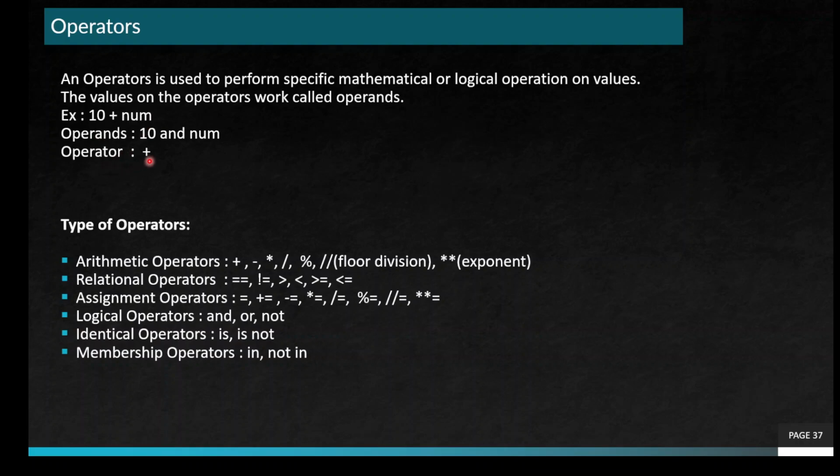And operators are like plus, minus and all. So here I have mentioned some types of operator, like arithmetic operator. In that we have plus, minus, multiply, division, modulus, floor division, and exponent. We'll see all the operators one by one.